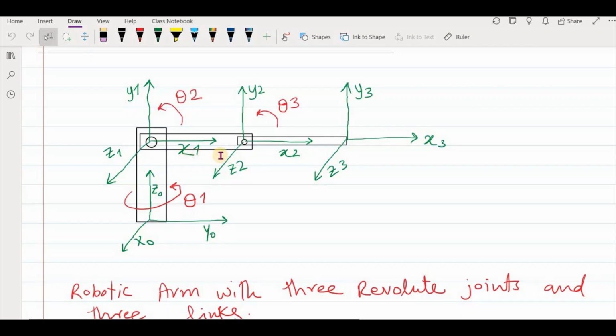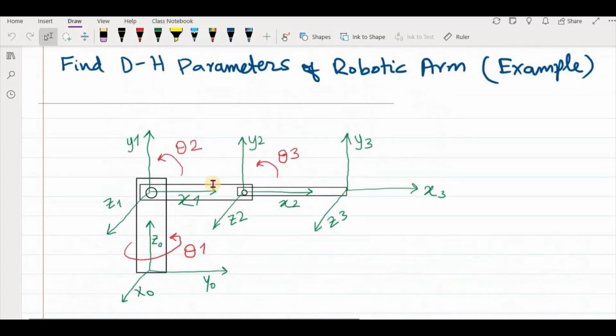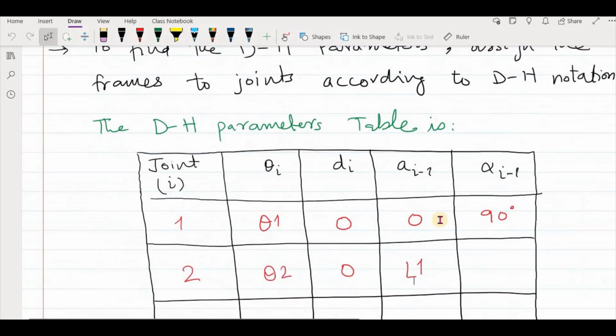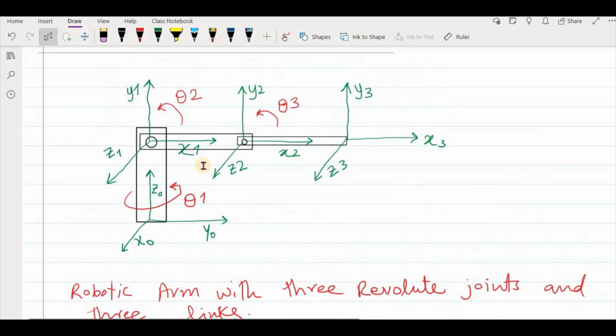And the twist angle alpha: as you can see, there is no angle between z1 and z2, so its value will be 0. So now for joint 2, all the DH parameters are complete. Now moving towards joint 3.